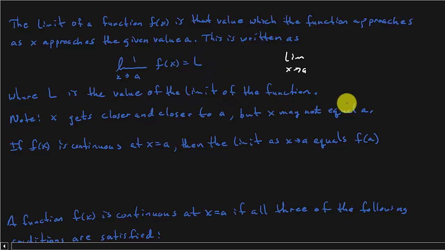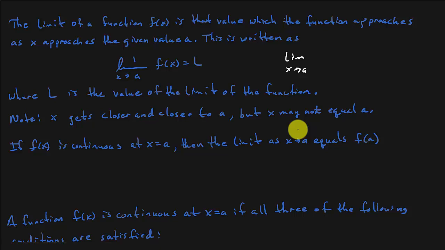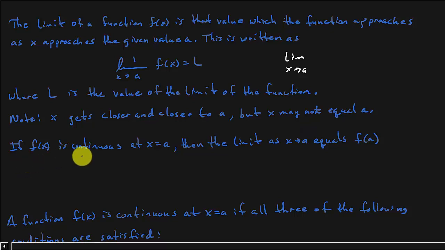All right, so note, x gets closer and closer to a. X is approaching a, but x may not equal a. Okay, so keep that in mind. X does not equal a. It's just getting closer and closer to a. And then if f of x is continuous at x equal a, then the limit as x approaches a equals f of a.